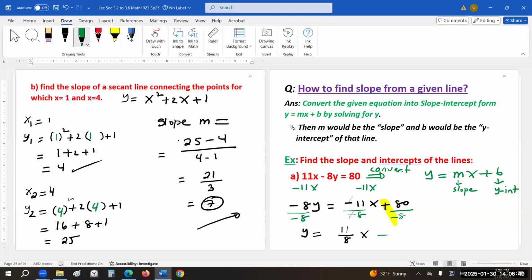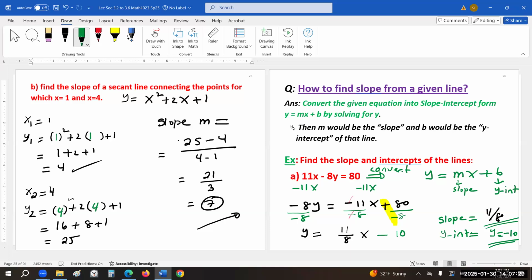It's a negative 10. 8 goes into 80 10 times. So now we have y equals m, x, and b. So what is our slope? 11 over 8. And we also found the y-intercept for free. What's the y-intercept? -10. Y equals -10.